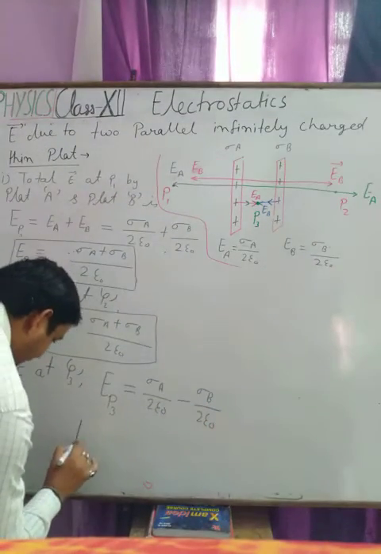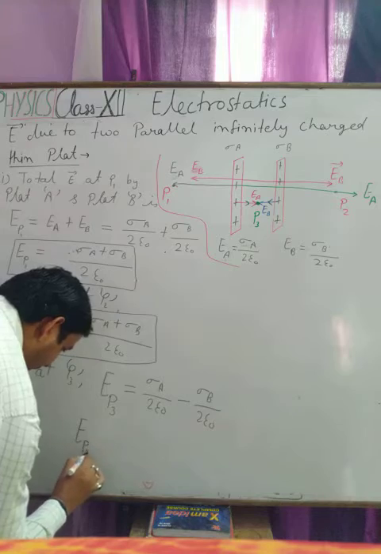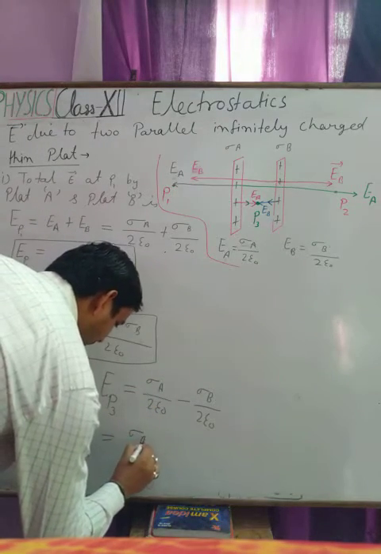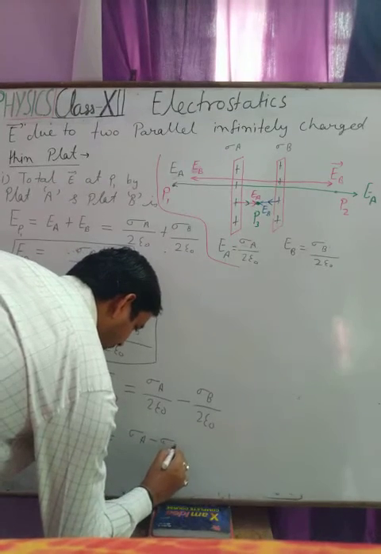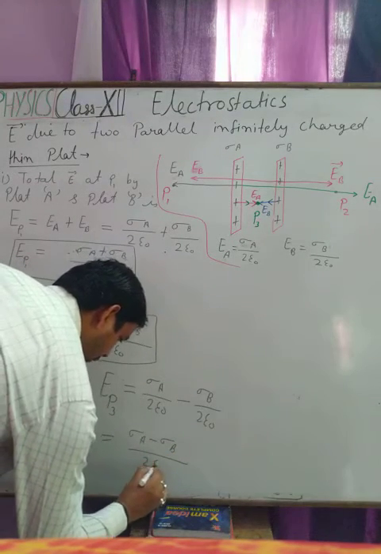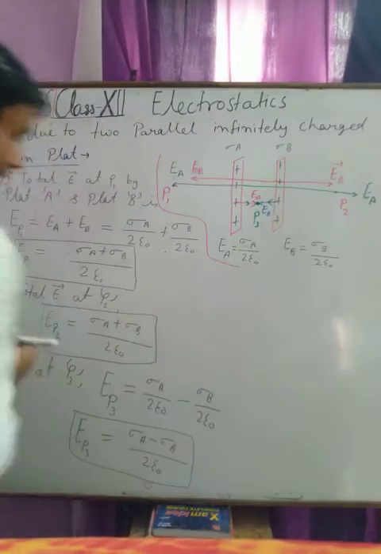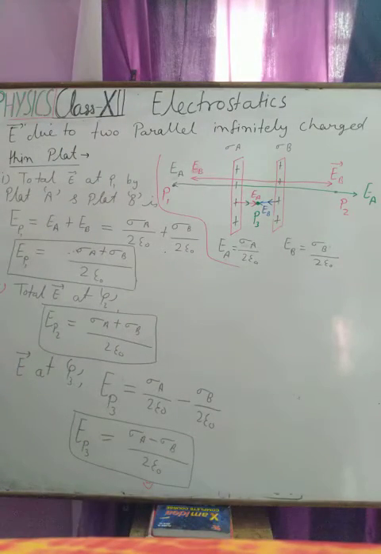So the electric field at P3 is sigma A minus sigma B upon 2 epsilon naught. Okay, this is the condition.